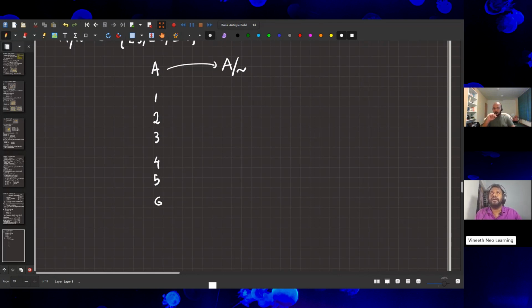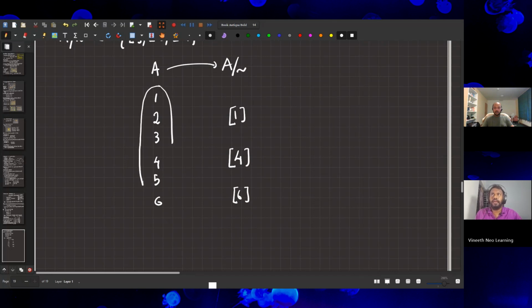What is the quotient set? We have 1 here, we have 4 here, we have 6 here. This is the quotient set. This is our original set A. From our original set A, we are first making a quotient map, meaning mapping to the quotient.